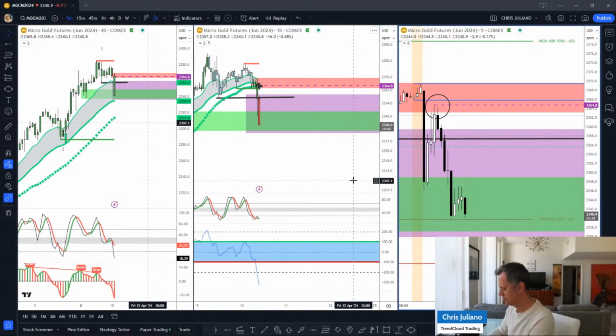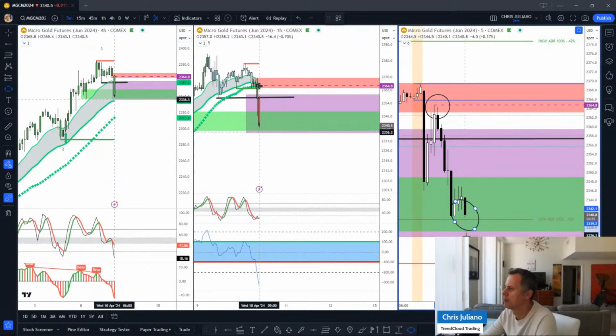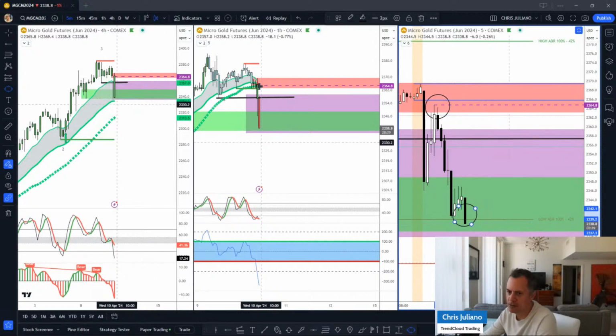Strongest zones. Right? How to take advantage of the strongest zones. All right, what's going to happen right here? Hitting that ADR checkpoint.